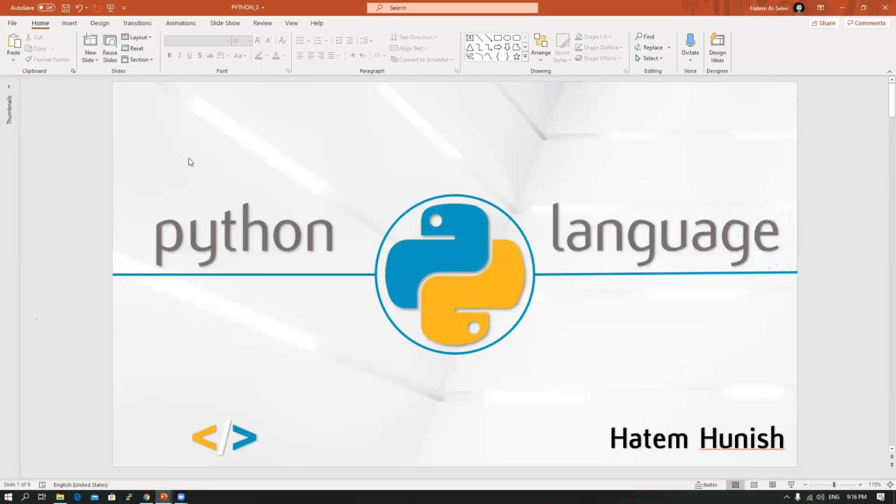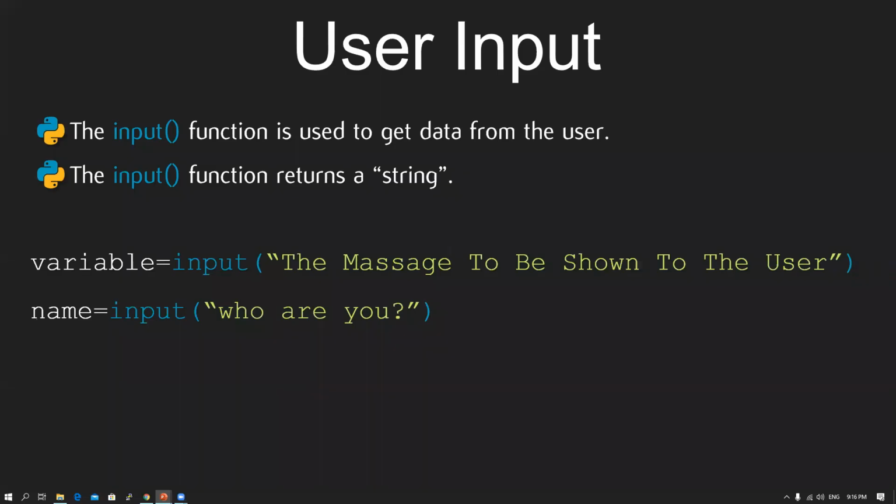Now we'll start with the third slides for Python. In this session, we'll be discussing the use of the input function, a function that's used to get the user's data. So far, we have been dealing with operations like addition, subtraction, defining variables, and so on.